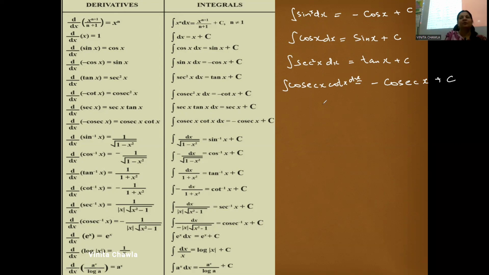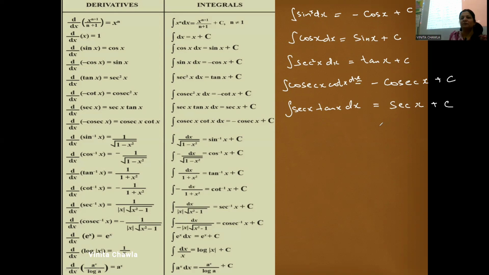Okay. On differentiating sec x, we get, no, it's sec x tan x. Okay, so on integrating sec x tan x, we'll get sec x. Okay.